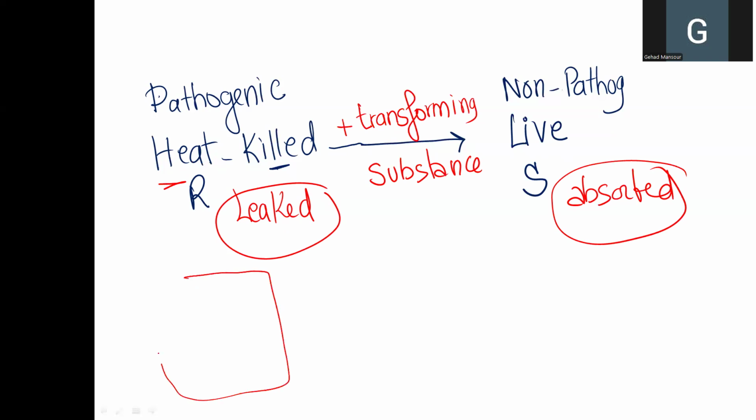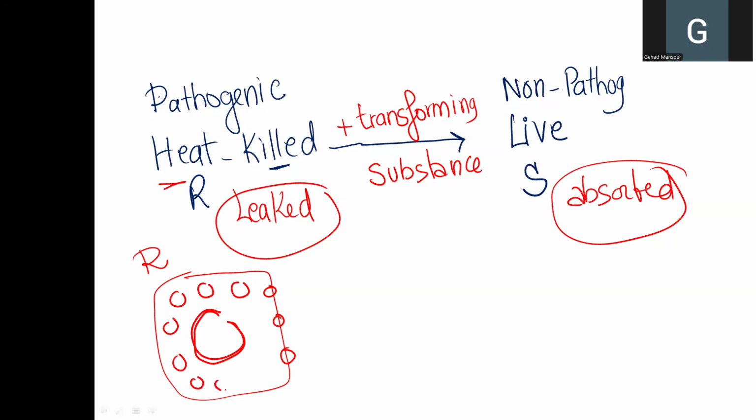So heat killing resulted in what? Resulted in the fact that the R strains now have a leaky cell membrane, and this is their main DNA. Of course, the main DNA cannot pass across those leakage pores, but there are plasmids, and one of the major important characteristics of plasmids is that they carry genes that are different from the genes carried on the main DNA.